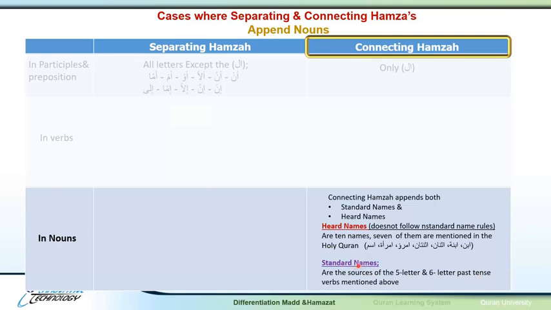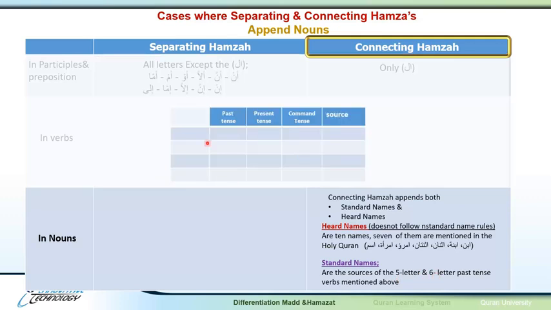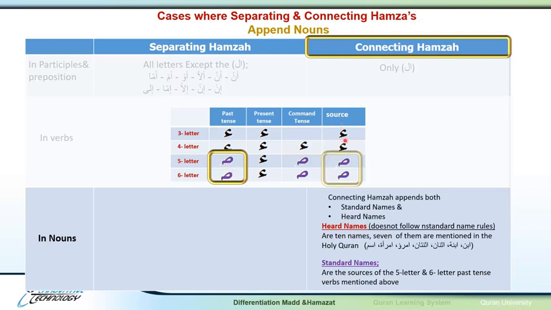And the standard names that have a connecting hamza are those names that are extracted from 5-letter or 6-letter past tense verbs. Remember at an earlier stage of this lesson we talked about Arabic verbs being classified into 3, 4, 5, and 6-letter verbs. It is only those 5-letter and 6-letter verbs whose extracted names, the source of it, would have a connecting hamza.